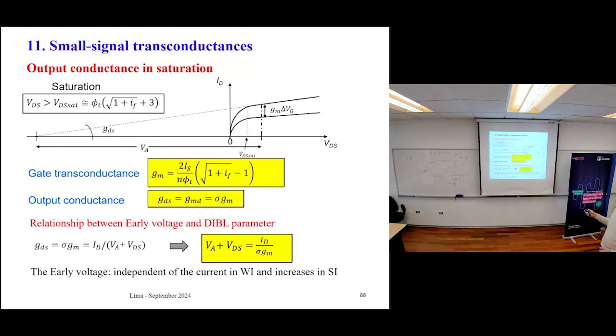You extend this line down to a voltage which we can call the early voltage. And this is just a mathematical method, so it doesn't have a real meaning. It's not associated with the physics.